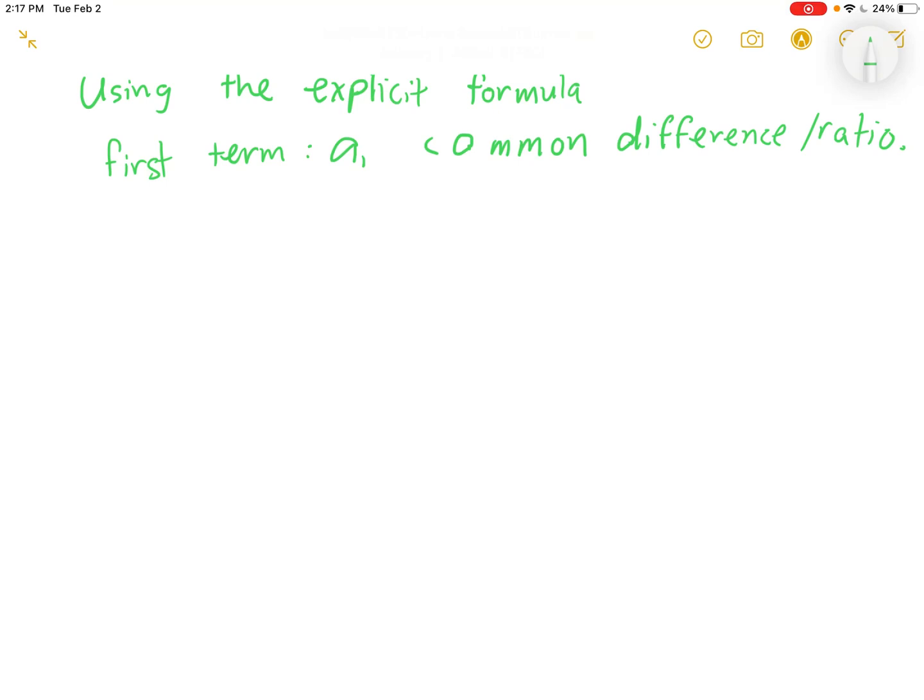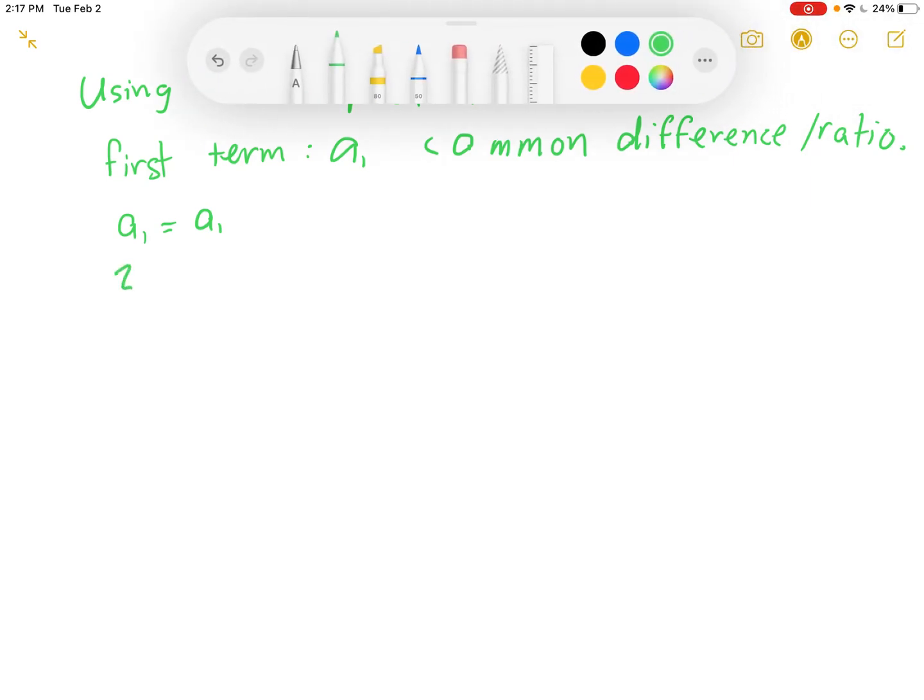So first things first, if we already know what our first term is, that's simply A1. To get to the next term of the sequence, or A2, we simply take A1 and add our common difference.